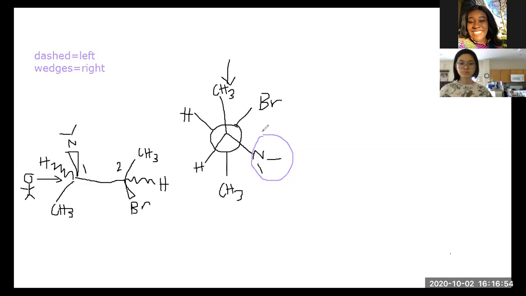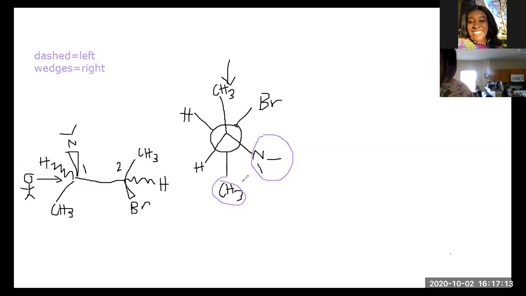You look for the 2 biggest groups on each of the carbons. So the 2 biggest groups here are the nitrogen-holding group, and on the back carbon, the CH3. Right now, they're not really that stable because both of the biggest groups are right next to each other.